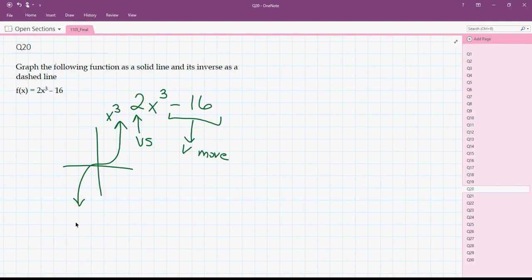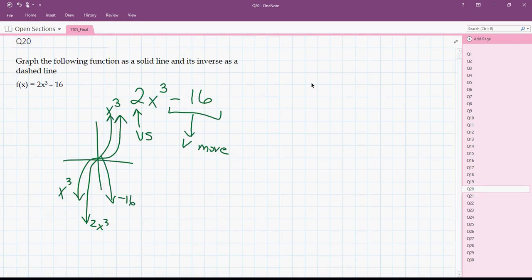So 2x cubed would look something like this. It would just be sharper. So if this is x cubed, this is 2x cubed. And then what the minus 16 does is it just takes this and brings it down minus 16. So we wind up with something. This would be minus 16.